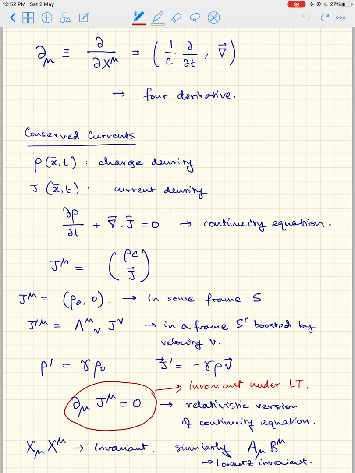By the argument that I've just given you, del mu J mu equal to 0 is going to be invariant under Lorentz transformations, because del mu downstairs transforms as an inverse of lambda, and J mu upstairs transforms with a lambda. So this stays invariant under Lorentz transformations. This just means that the continuity equation holds in this form in all reference frames.